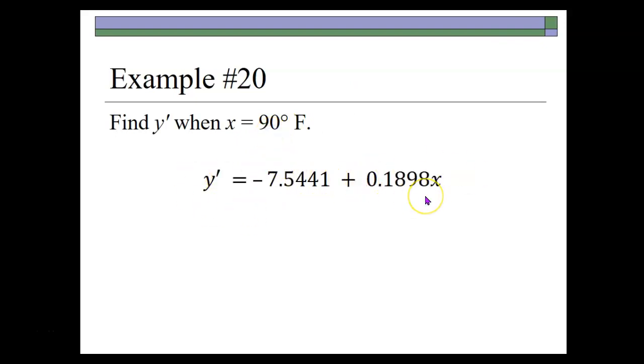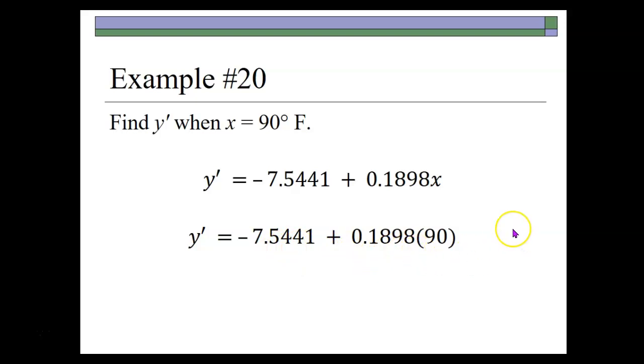So we take our equation, we plug in the number 90 for x, so we're calculating negative 7.5441 plus 0.1898 times 90, and that comes out to be 9.5379. So around 9.5. So somewhere between 9 and 10 phone calls would be the most likely number for how many calls they would receive on a day when the temperature was 90 degrees. That would do the best job of fitting the pattern.